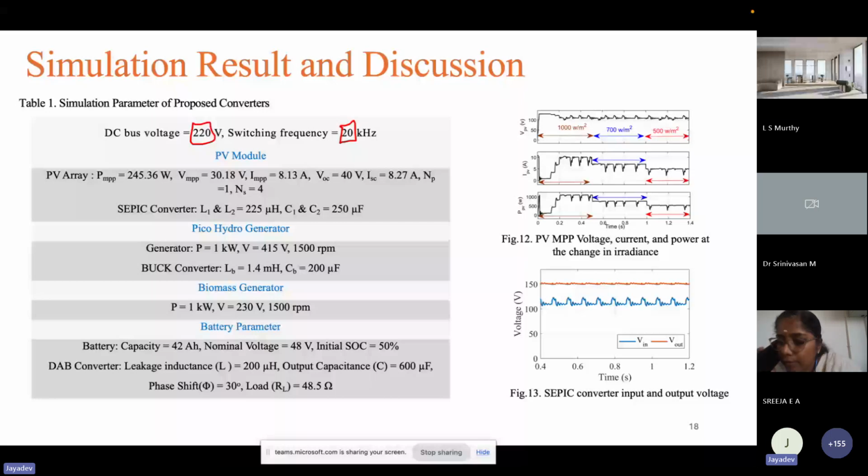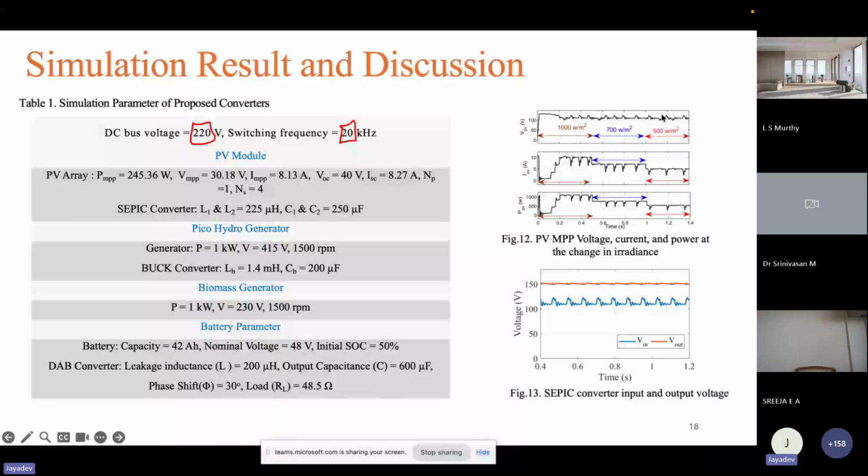In part C of figure 12 you can see the tracking level of the power. As it is a PV source, the PV voltage should remain near constant at any irradiation condition, not at zero, obviously.